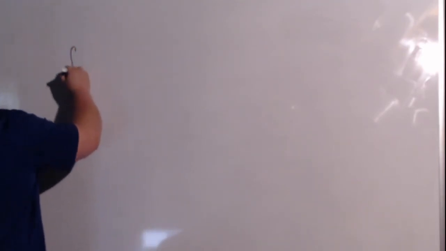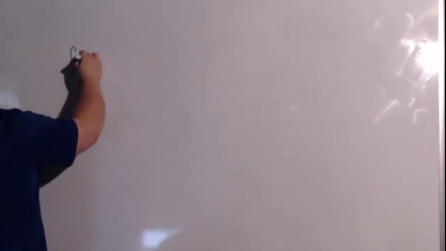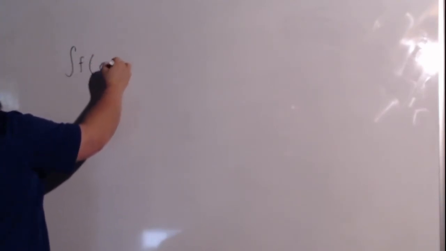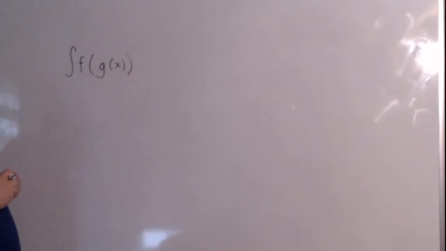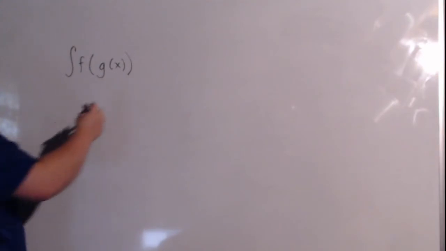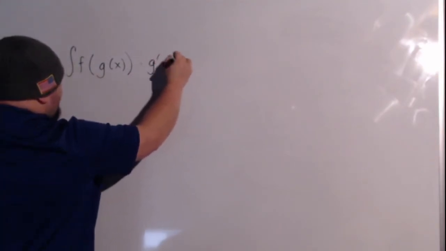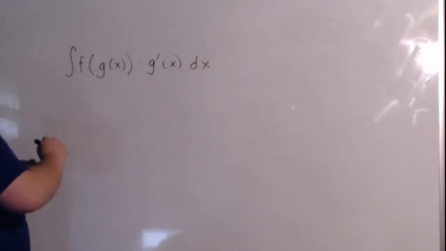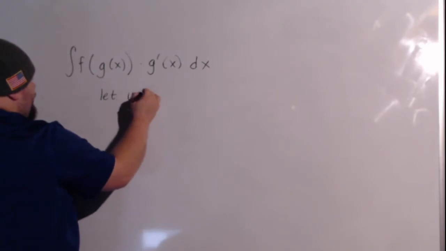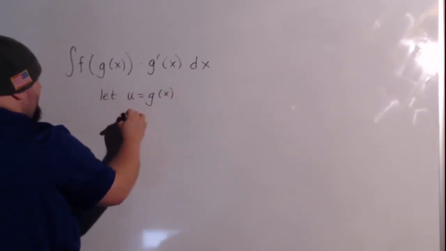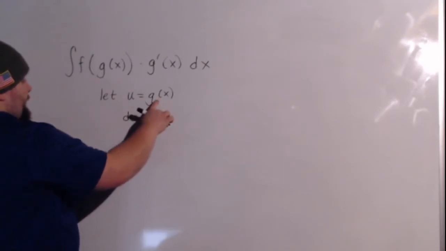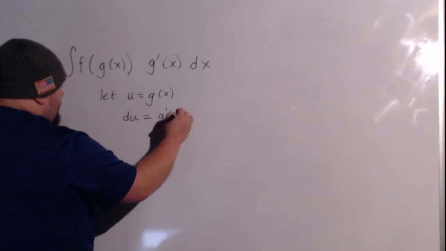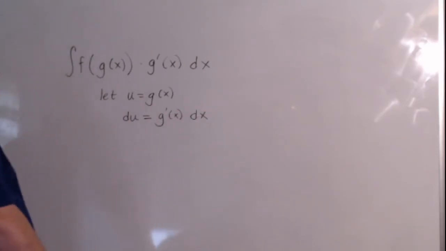The definition for the substitution rule says if I have an integral of some function f, and inside of that function is another function, g, and I also just happen to have the derivative of g lying around in my integral, then I can call u = g(x), and the differential du is the derivative of g times the differential dx.